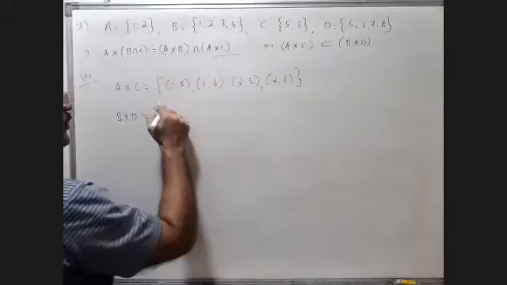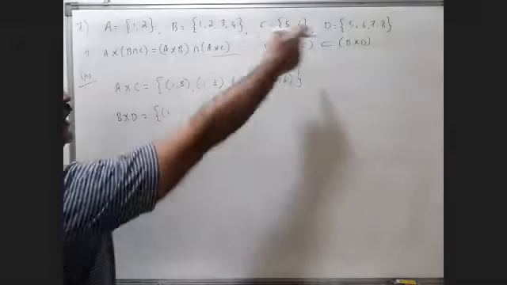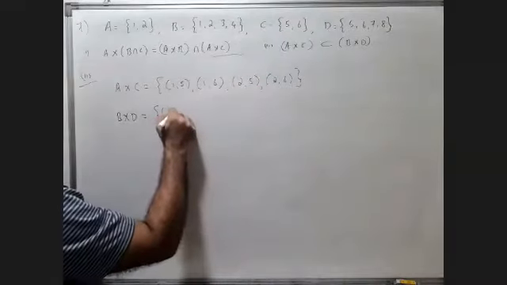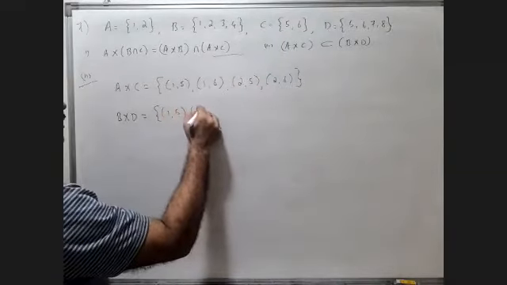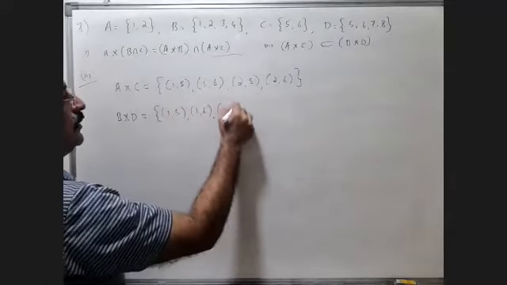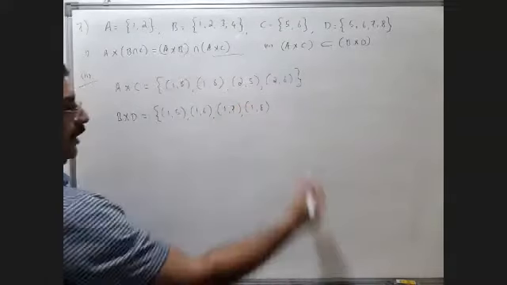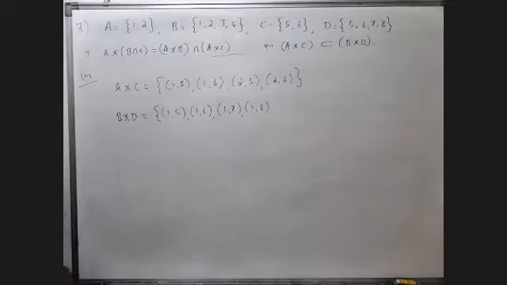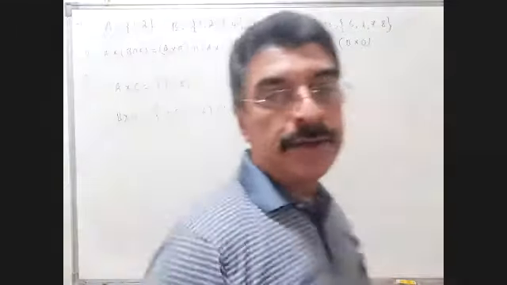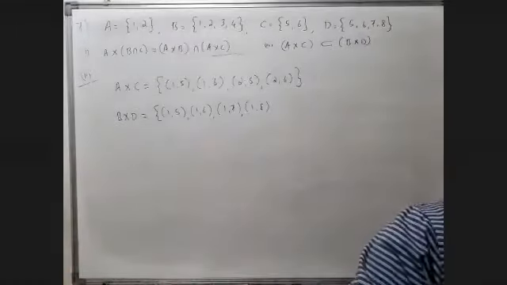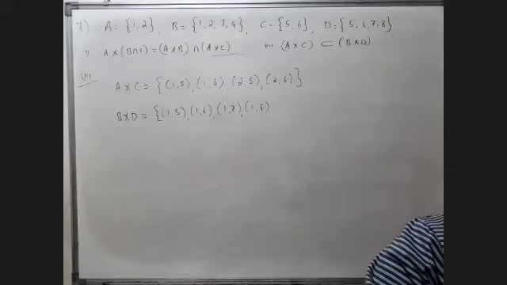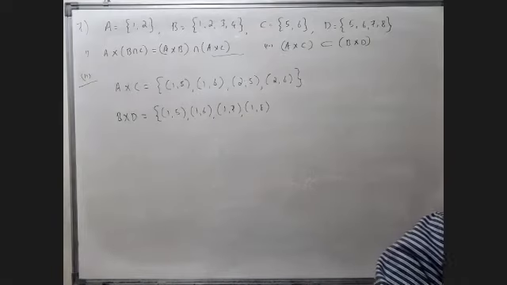Taking the first element 1, pairing with 5, 6, 7, 8: so 1 5, 1 6, 1 7, 1 8. Taking the first element 1, we pair it with all the elements in B. Now take the second element, again pair it.